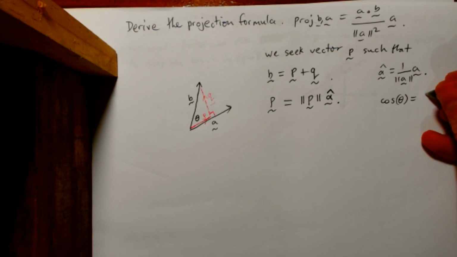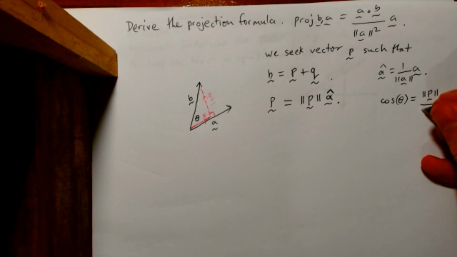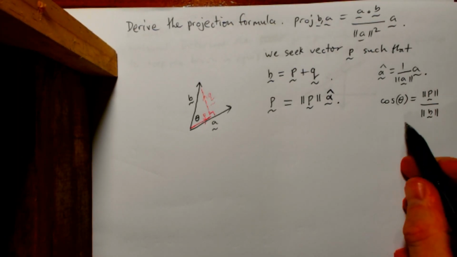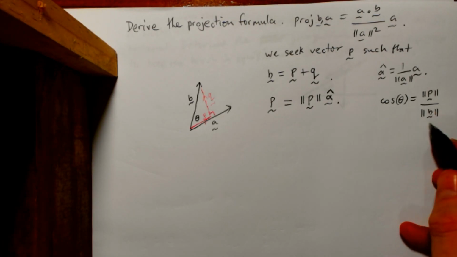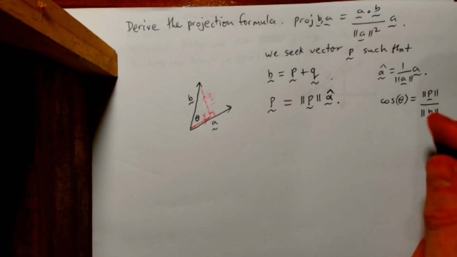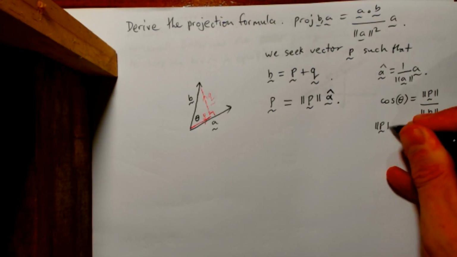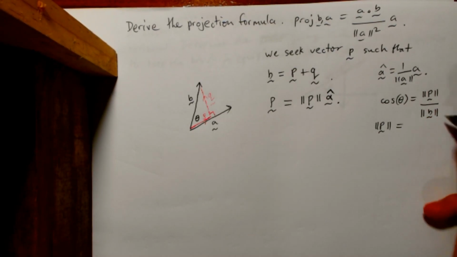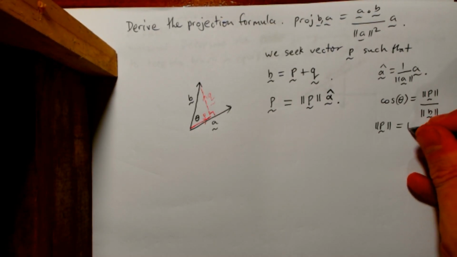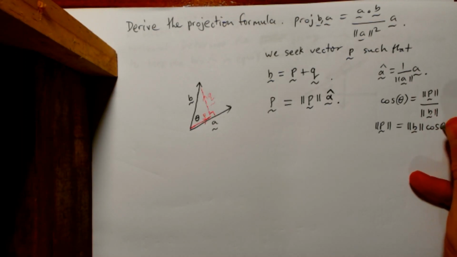The adjacent side there is the norm of P, and the hypotenuse is the norm of B. Next we want to rearrange this equation to express it in terms of the magnitude of P, just by multiplying both sides by the magnitude of B. So the norm of P is the norm of B cos theta.